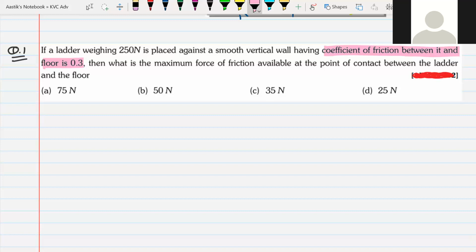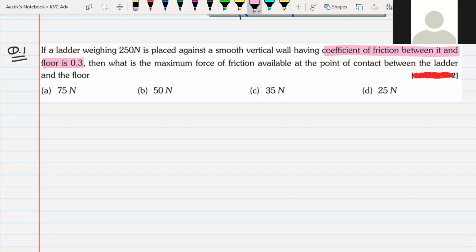So mu s into this normal force is 75, sir. Okay. So basically what you have done is you have calculated mu s into N. Yes or no? Yes, sir. Well, that is correct.